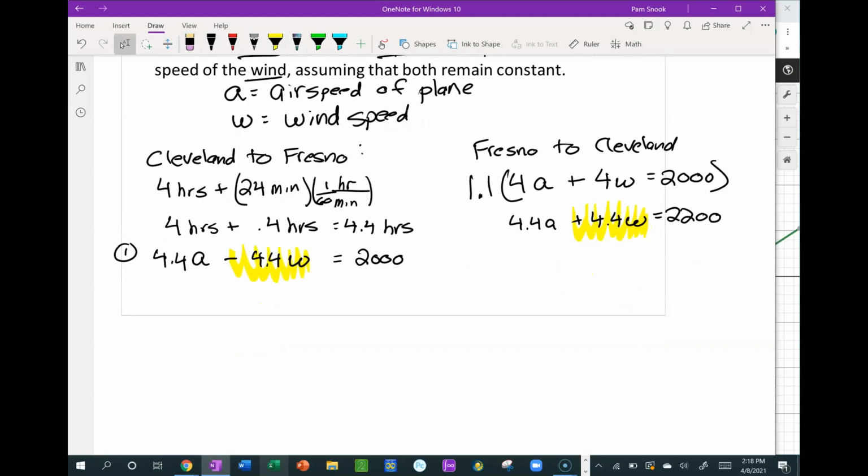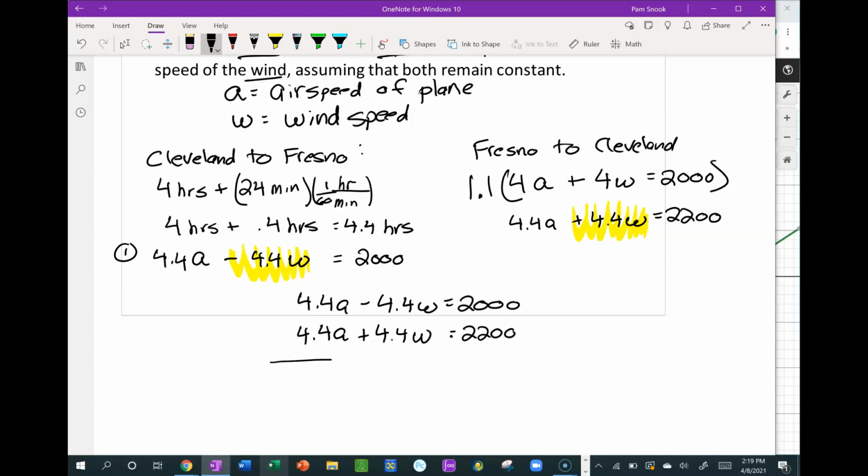So let's go ahead and do that. First equation, 4.4a minus 4.4w equals 2,000. Second equation, 4.4a plus 4.4w equals 2,200. Add them together.